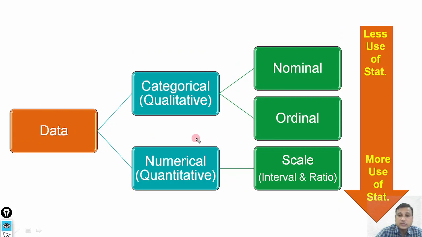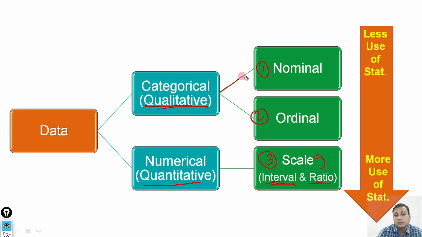Software considers only three measurement scales: first nominal, second ordinal and third scale. Scale means the software considers interval and ratio as one and names it scale. Whenever we start working with SPSS, you will come to know how it works.